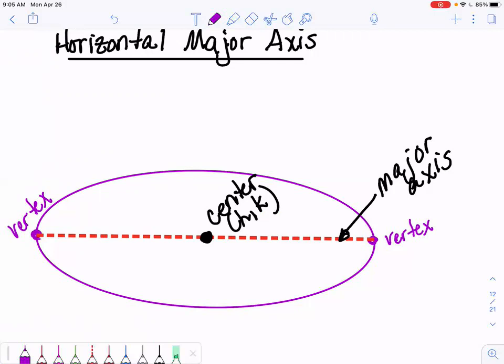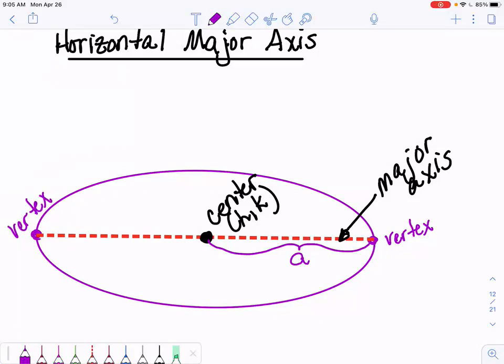The distance from the center to the vertex is a distance of a. That a value is going to be in the equation so that we know how wide to graph the ellipse.